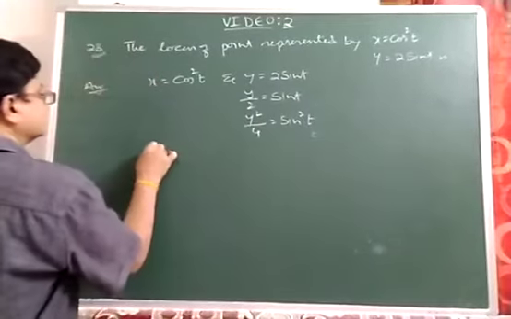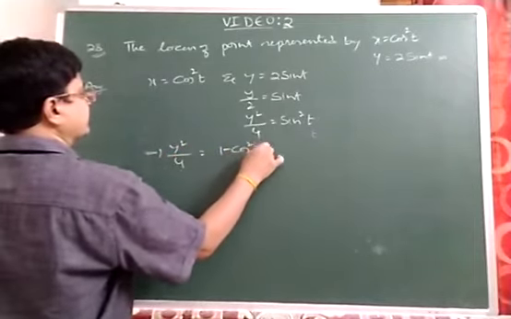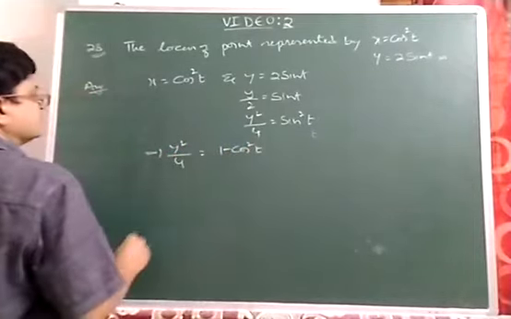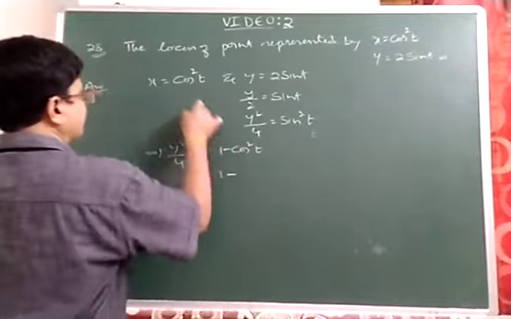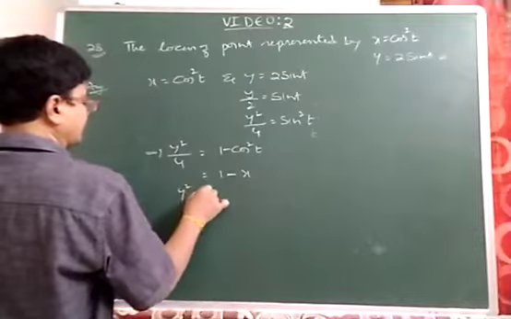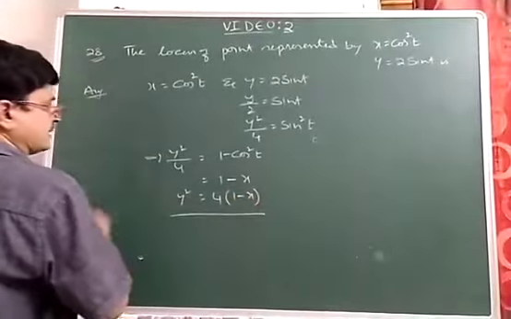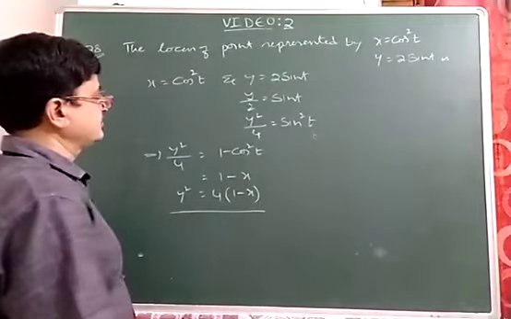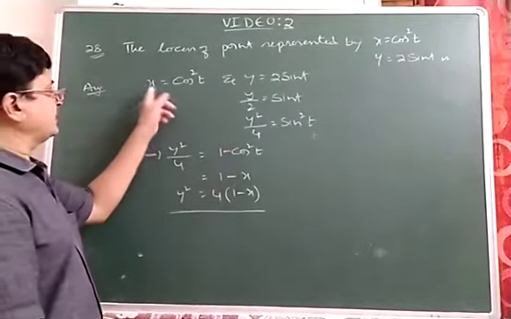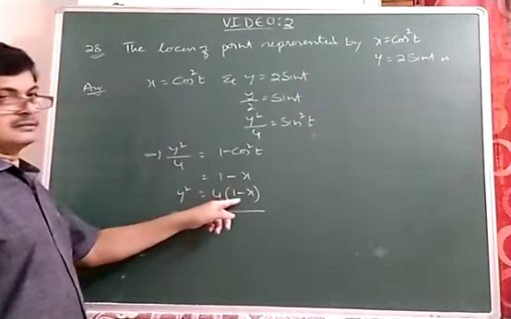So that implies y square by 4 is equal to 1 minus cos square t, that is 1 minus x, where cos square t means x. Y square is equal to 4 into (1 minus x), with 4 taken in common. This is the required locus.